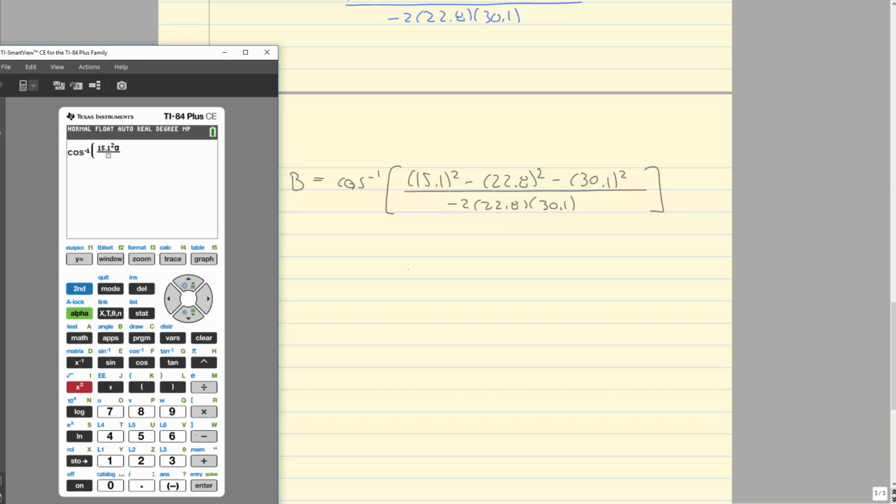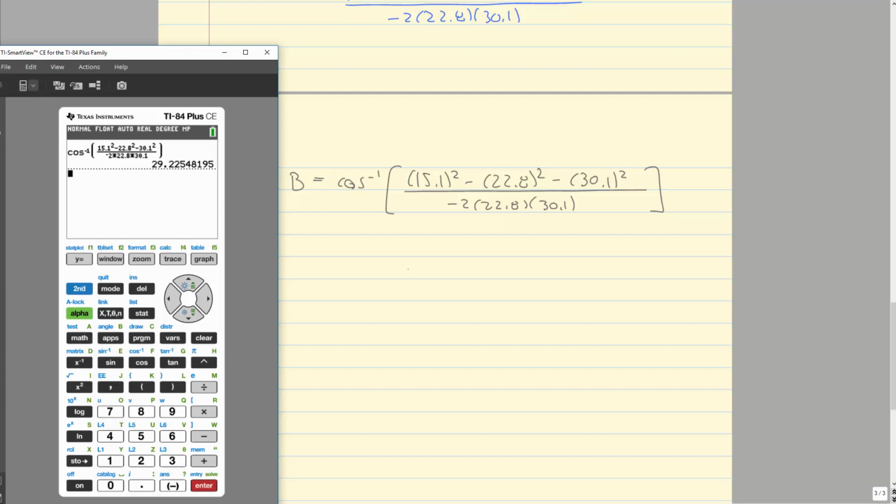So 15.1 squared minus 22.8 squared minus 30.1 squared. Move to that denominator, it's going to be a negative 2 times 22.8 times 30.1. So we're in degree mode, so this is equal to 29.22548195.